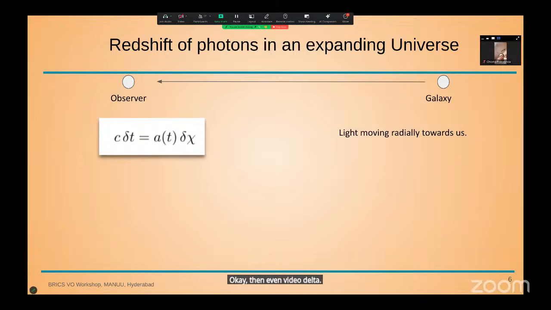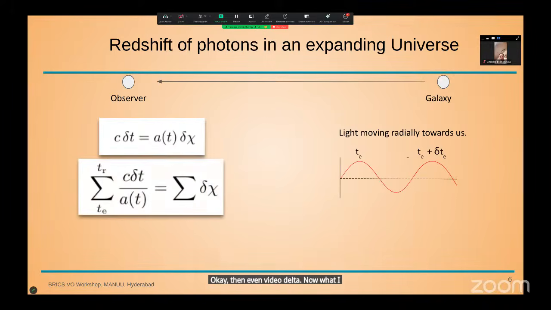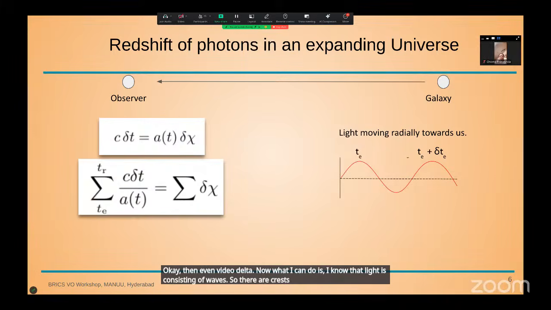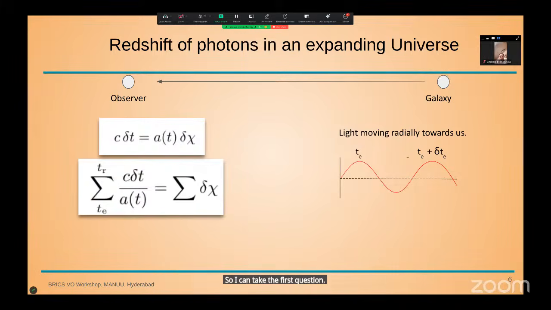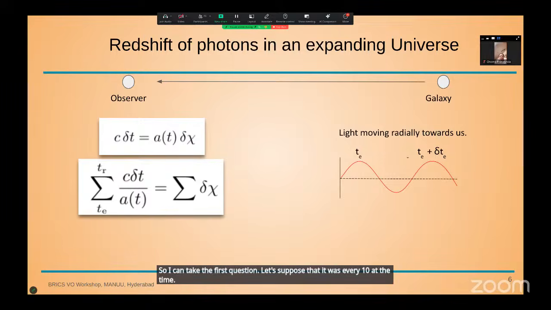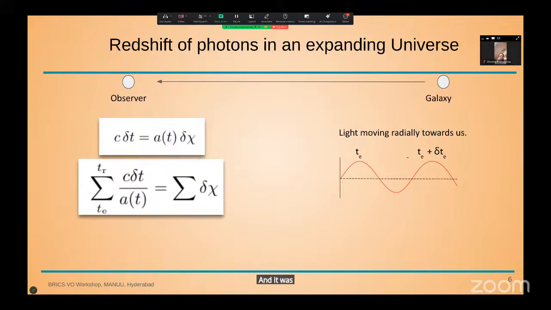Now, I know that light consists of waves, so there are crests and troughs. So I can take the first crest. Let's suppose that it was emitted at a time t, and it was received by this observer at a time tr.